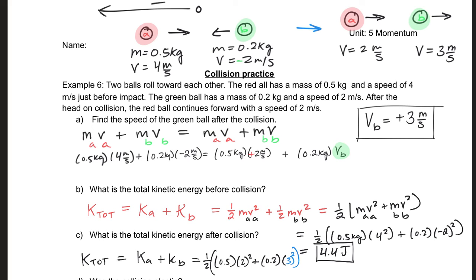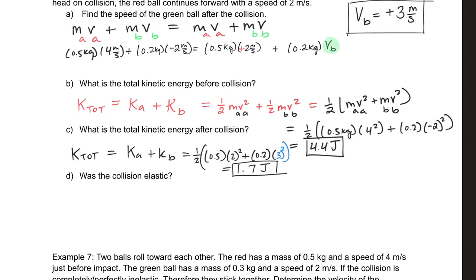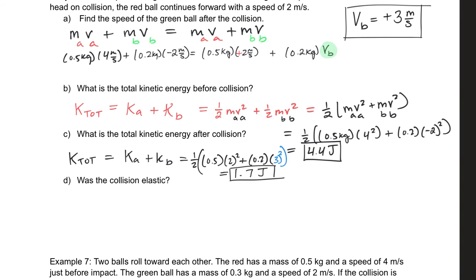Okay, so for letter A, we've solved for B. And then I should get, I believe, 1.7. I don't remember. If I'm wrong, just let me know. But it's in the ballpark. But the whole point of this is, if it's wrong, just correct it on your paper.